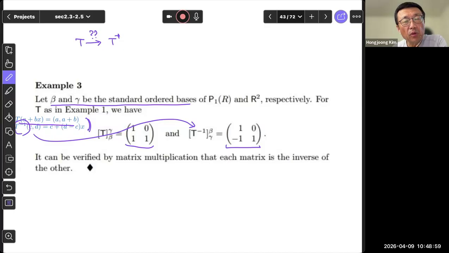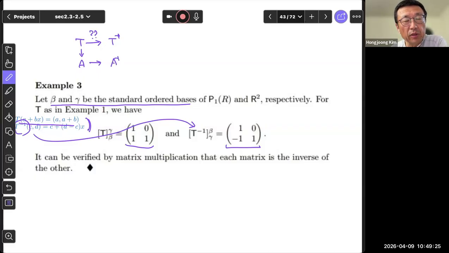Okay? So what we are going to do later in the future is, given A, we are going to find the matrix representation of T. And that is simple as long as you have some basis, right? Given A, we will study how to find the inverse of the A matrix.